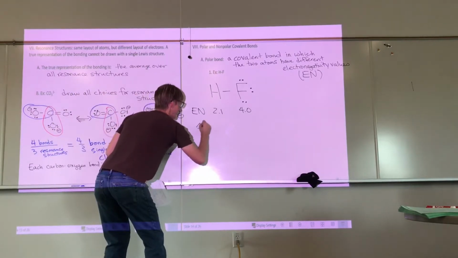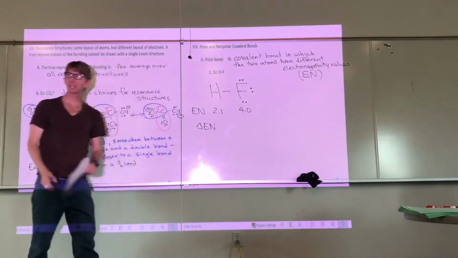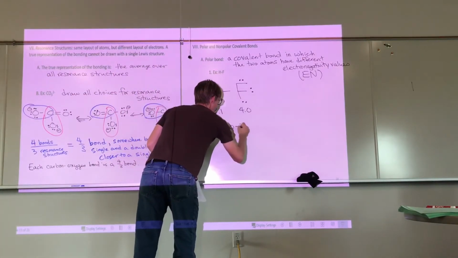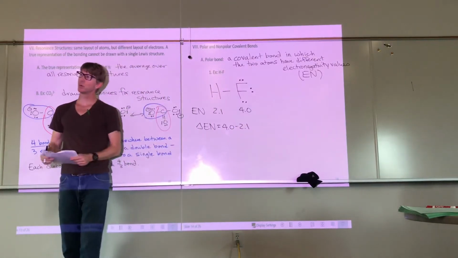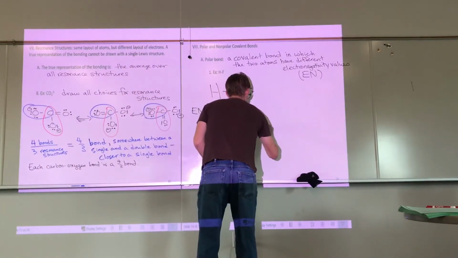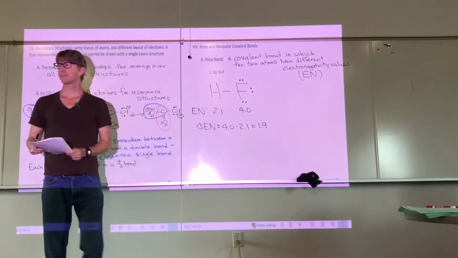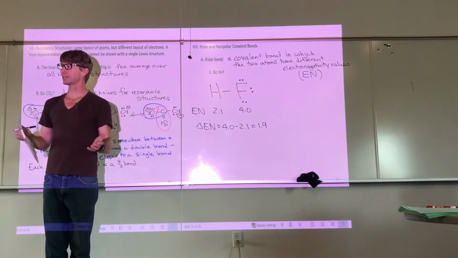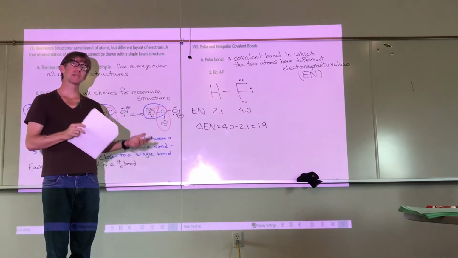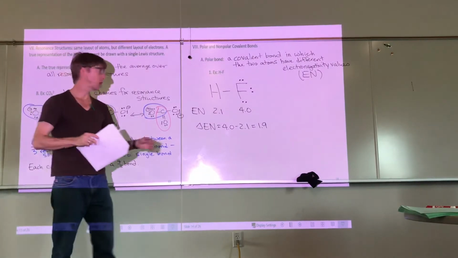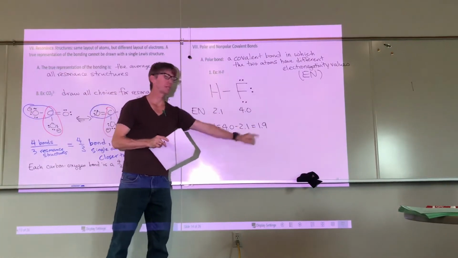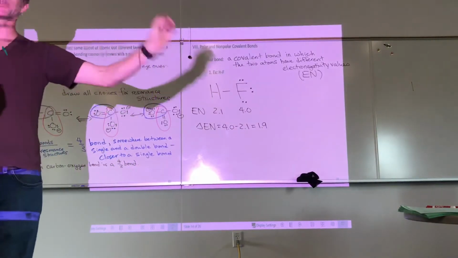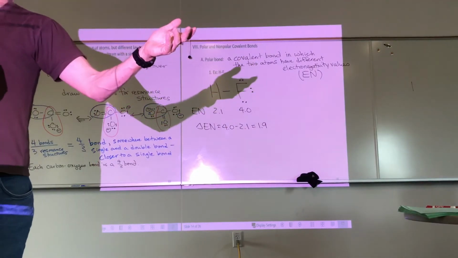Delta EN, which is the difference in electronegativity, will be 4.0 minus 2.1, or 1.9. And 1.9 is the largest difference in electronegativity that is still considered a covalent bond. Covalent means shared electrons. If the difference in electronegativity is 2.0 or greater, it's considered an ionic bond.